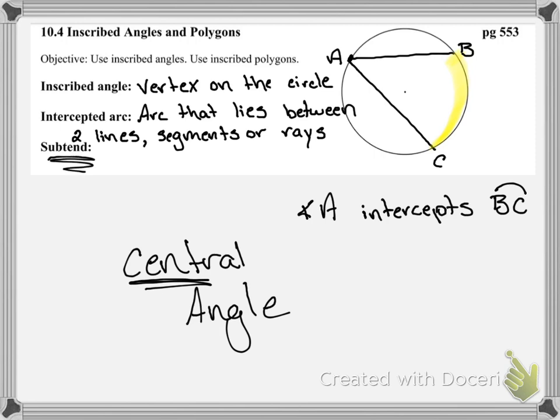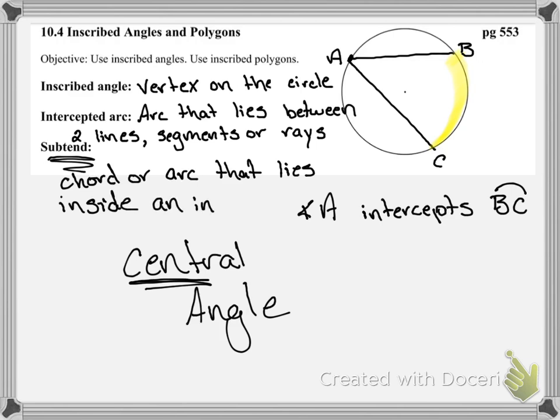But then we would also say that arc BC subtends. Subtend really means that if we have any type of chord or arc that lies inside an inscribed angle, then we say that chord or arc subtends the angle.